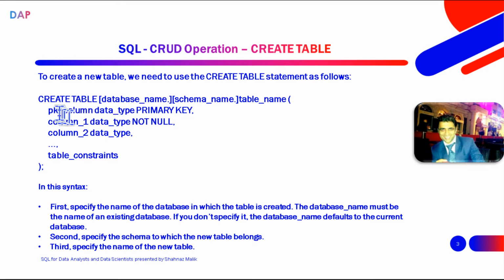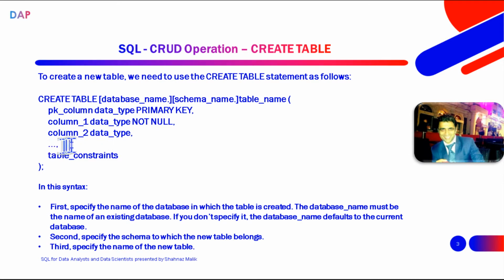Then, if it's a primary key, you show the primary key, and I can also show you what we could add to the primary key once I show you the real execution in SQL Server Management Studio. Let's continue. column_one is another column, with its data type and some constraints.